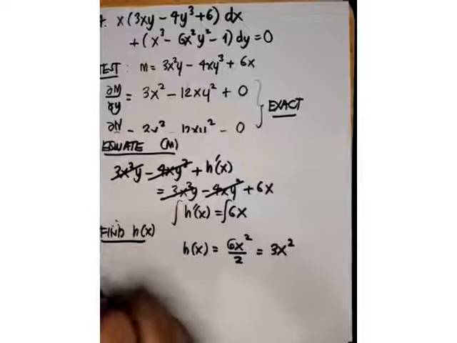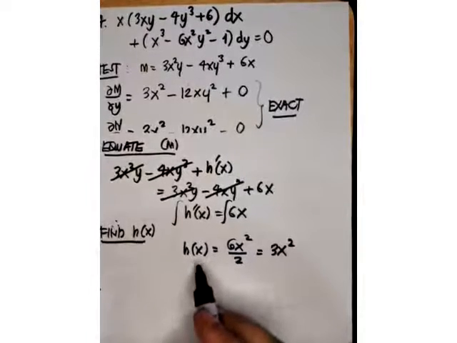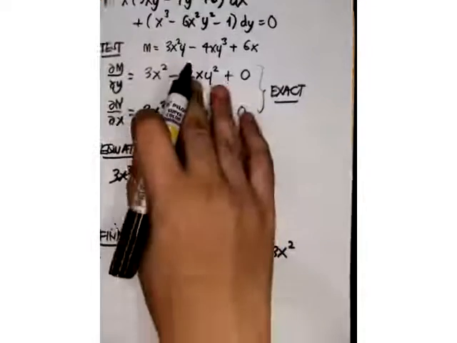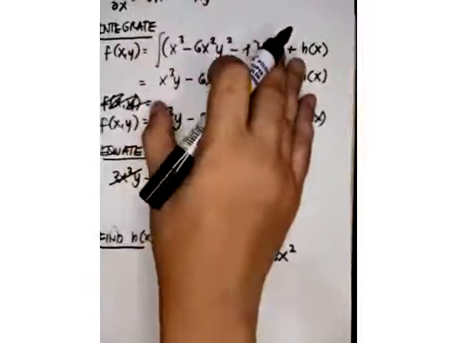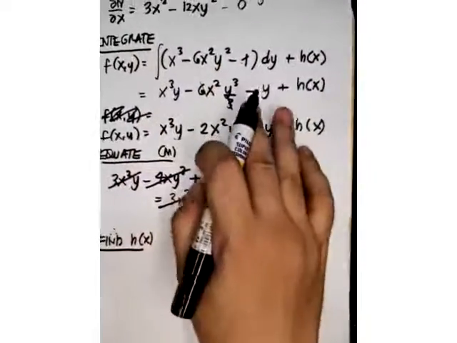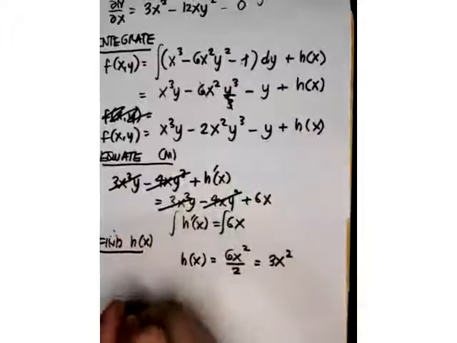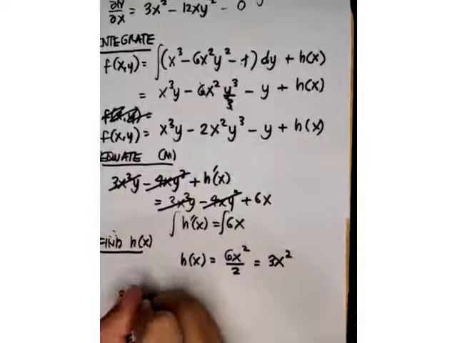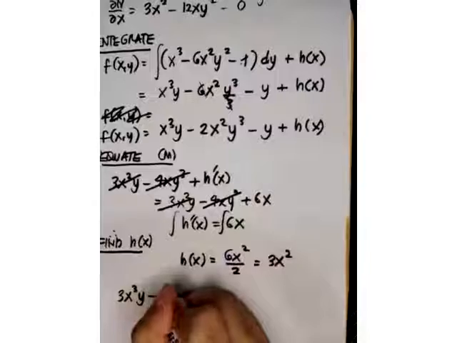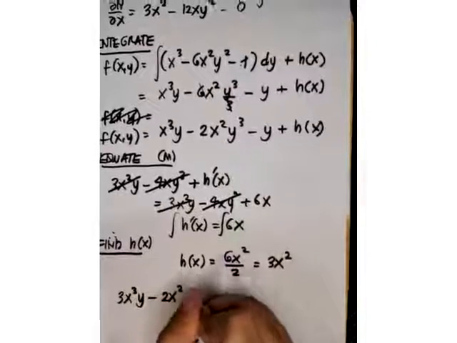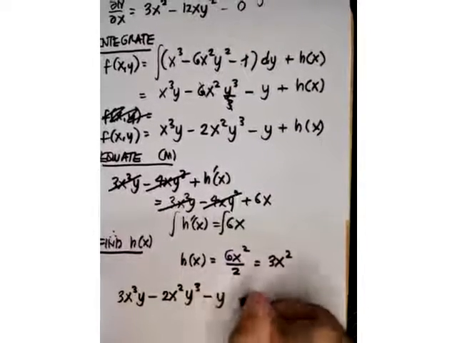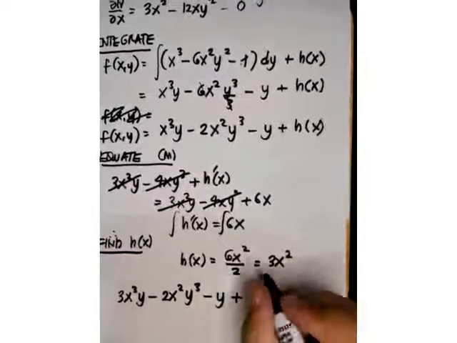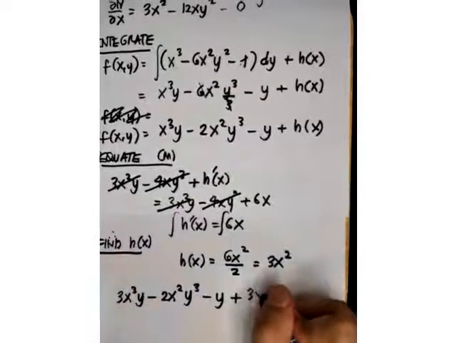So therefore, after we found the h of x, let's go back to our f of x kanina after integration. Isa-substitute lang natin siya dito. So ang sagot natin ay 3x cubed y minus 2x squared y cubed minus y plus 3x squared is equal to c.